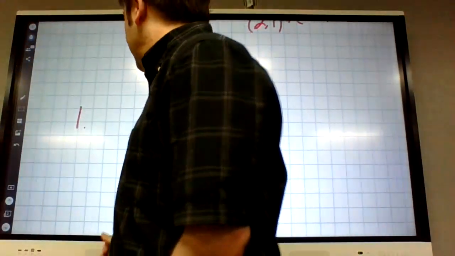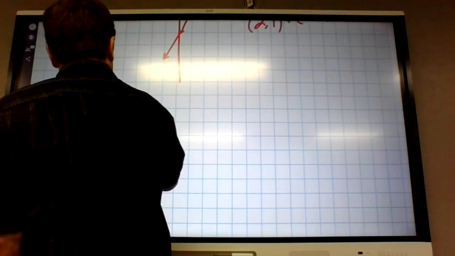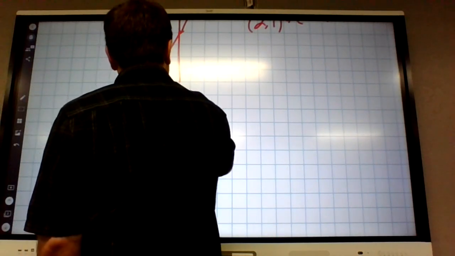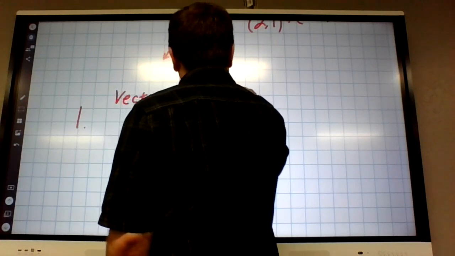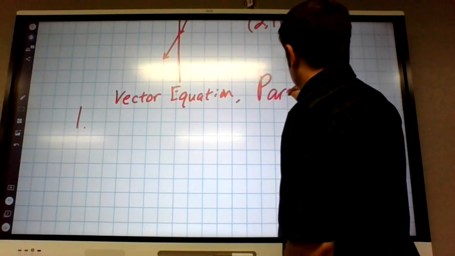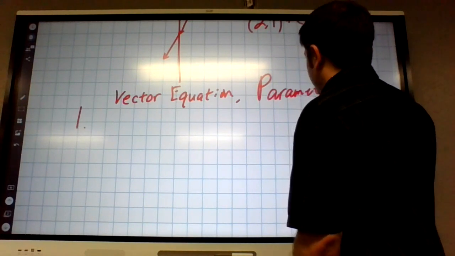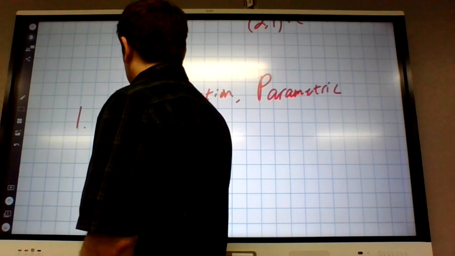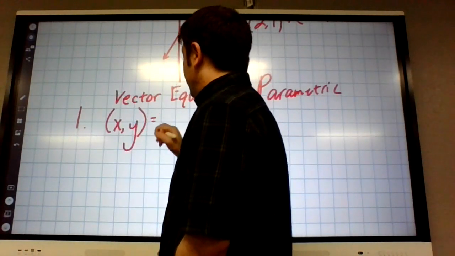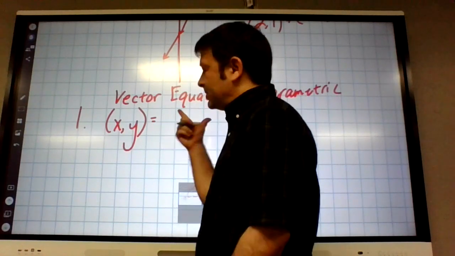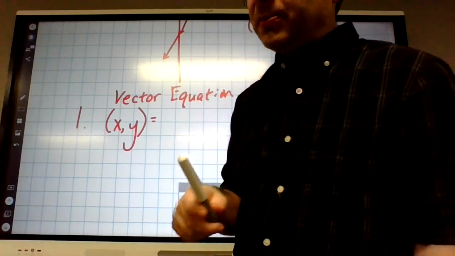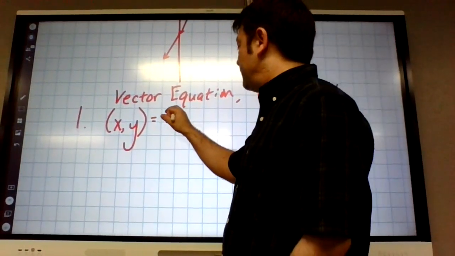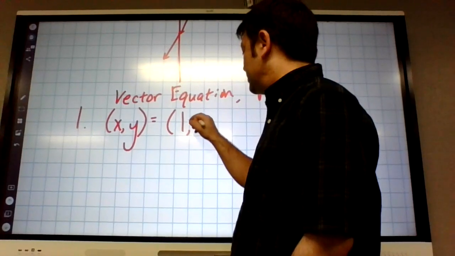Okay, so there's something called a vector equation and a parametric equation. Really, I don't think this assignment's that hard, but you guys can contradict me if you want to. Okay, vector equations. So you can get the xy coordinate anywhere. First you put the starting point, like what I was just doing above. Number 1 says the line through 1, 5, so we can use 1, 5 as the starting point.